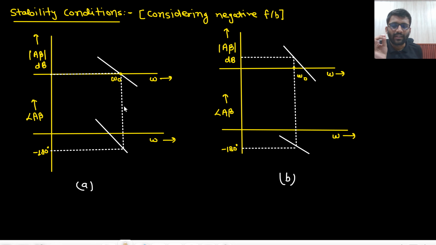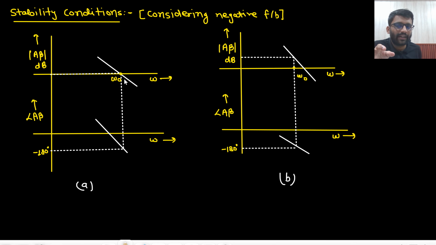Now my question is, tell me whether this system is stable or unstable, or oscillatory, sustained oscillation is there, oscillations will die down, or comment on this. How will you comment on this? You will say that, sir, considering negative feedback system, 180 degree I am already getting. Another 180 degree I am getting at this frequency.